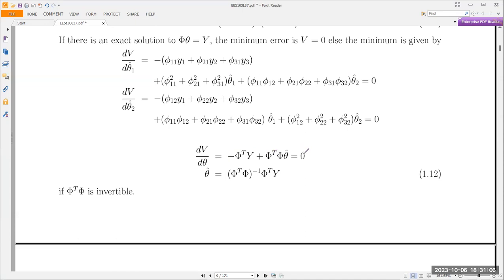To solve this, you bring this over, and then you multiply left side and right side by the inverse.